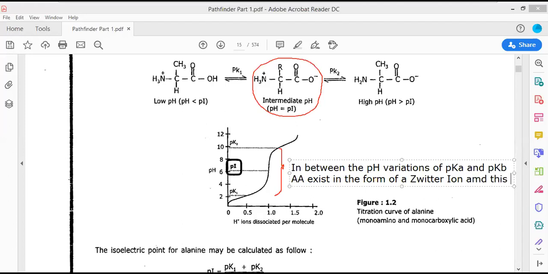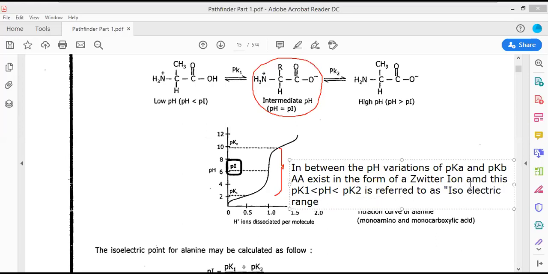This pH, which is greater than pK1 and less than pK2, is referred to as the isoelectric range. Okay, this is the isoelectric range that you're going to find.